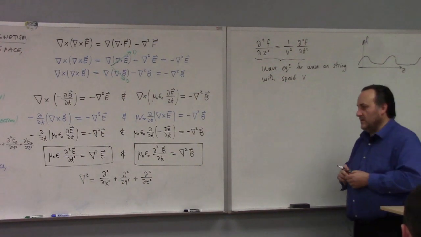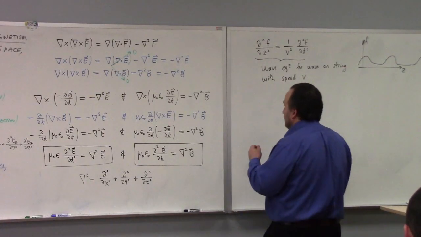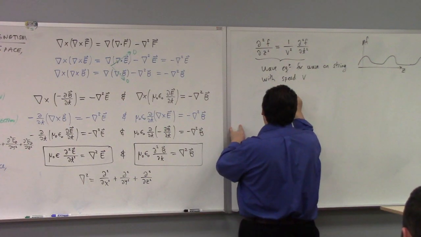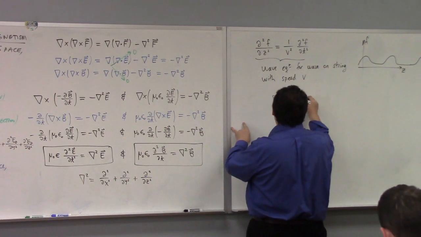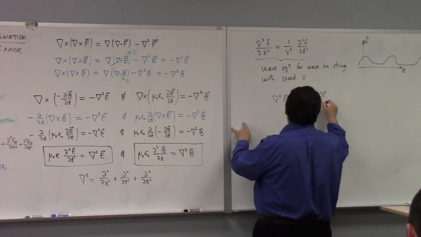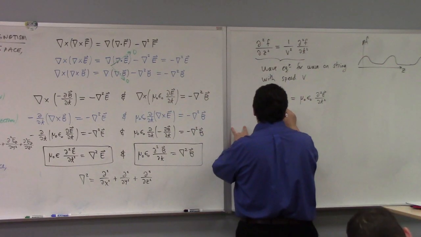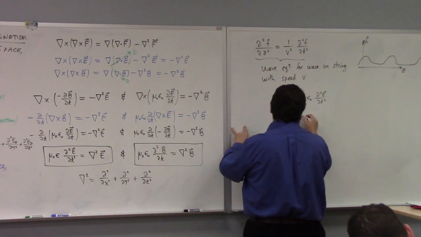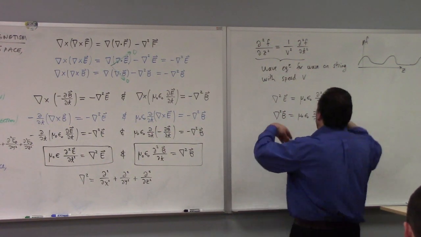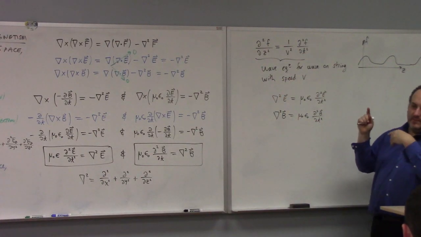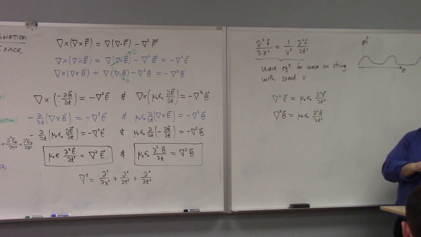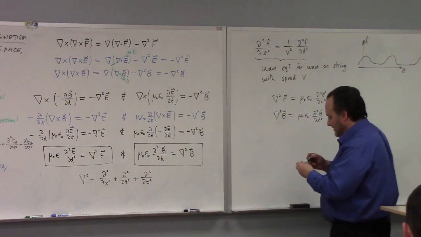So as we look at nabla squared E equal to mu naught epsilon naught partial squared E partial t squared, and likewise for the magnetic field, we can compare. I showed you that with just a z dependence, it reduces to the wave equation.